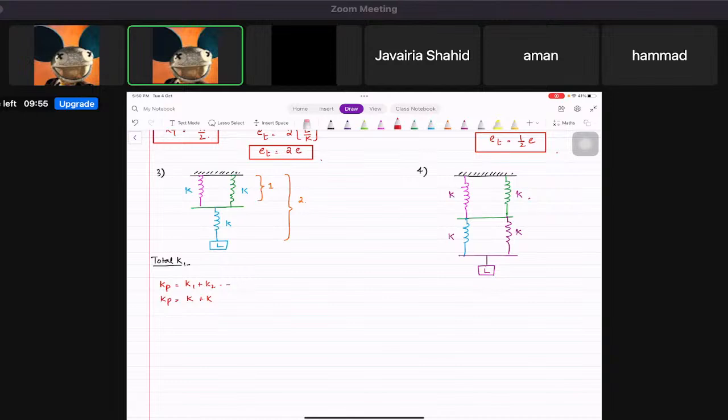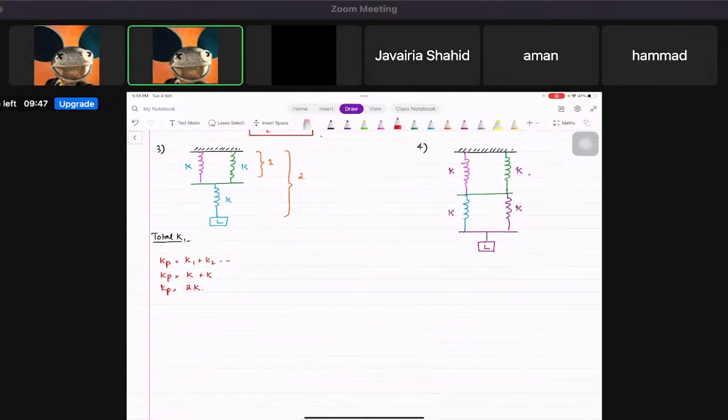So this is going to be K in parallel equal to 2K, alright? And now you're going to find part 2. So this was 1, and now you're going to look at 2. For 2, you've got 2K and K, in series, which means 1 upon K total is going to be 1 upon 2K plus 1 upon K, because the lower one is K and the upper one was 2K.